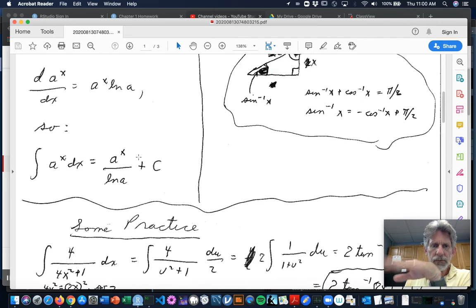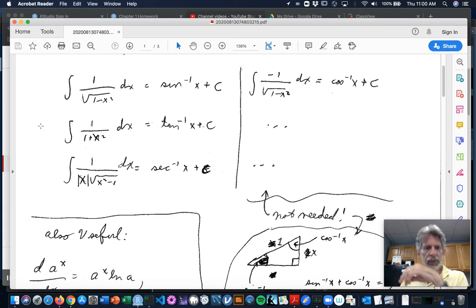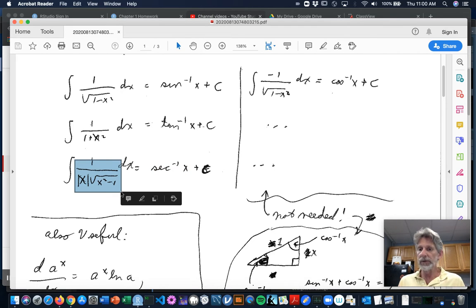and before I go any further with that, let me point out that probably when you did Calc 1, when you found the antiderivative, you might have just thought of it as 1 over x times the square root of x minus 1. It turns out that the derivative is the same.